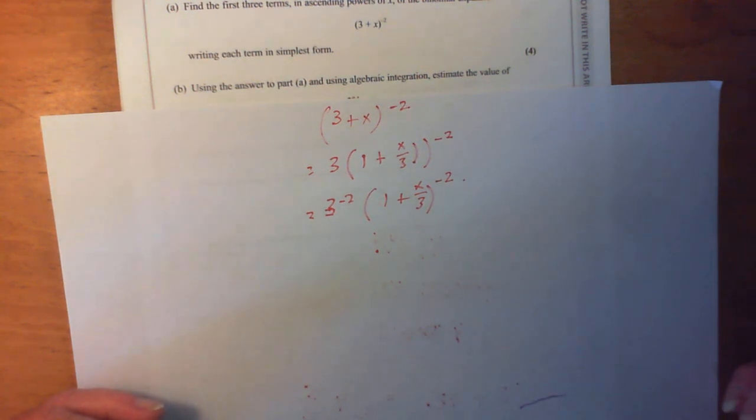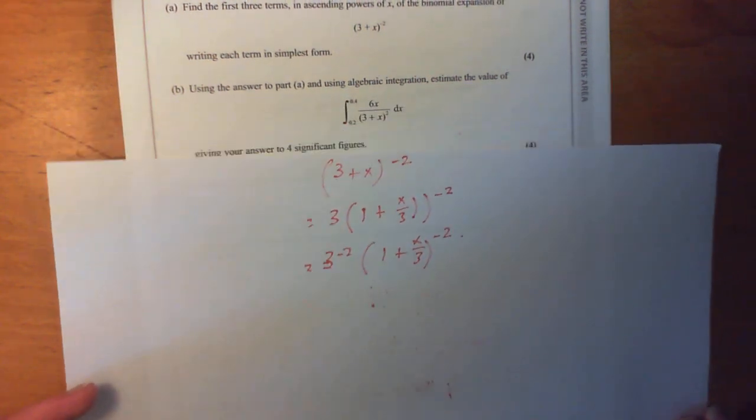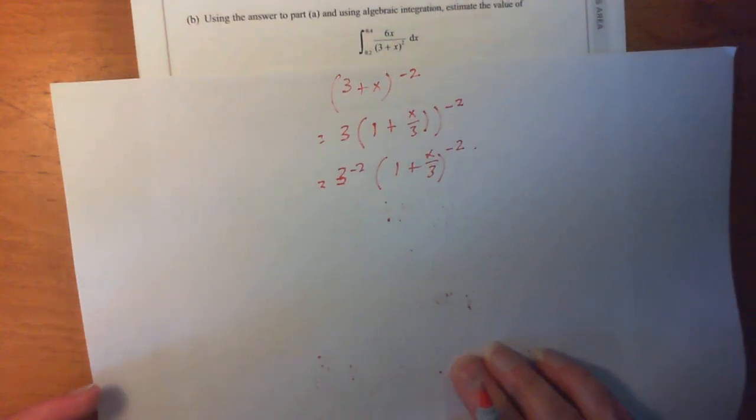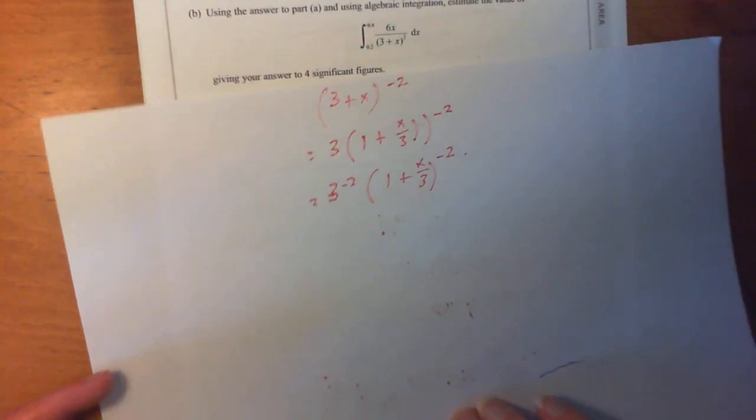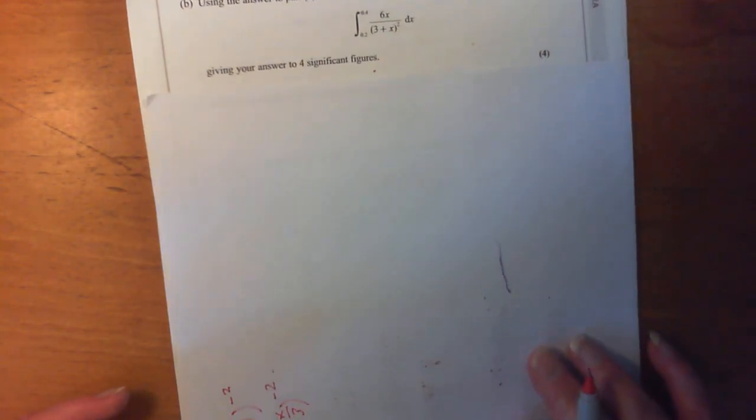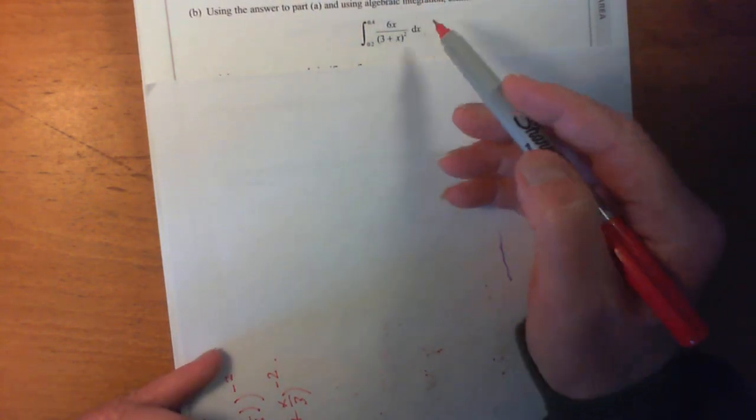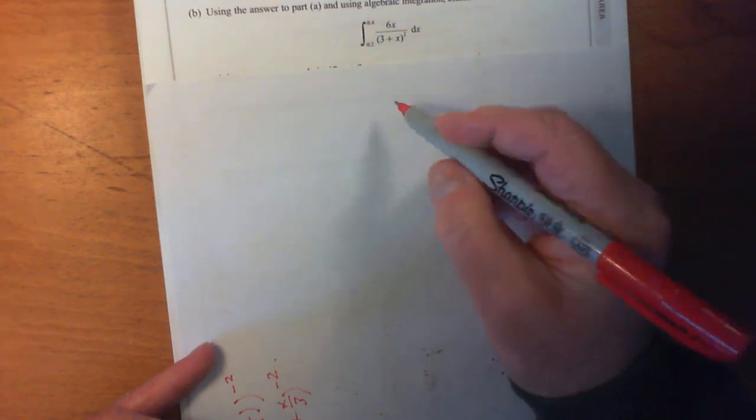Yeah, so I don't think I need to say anything special about that. Part B, yeah. Again, this is fairly straightforward, but it seems to catch a lot of people out in certain ways. You're just going to use the expression you derived in the first bit and then multiply it by 6x.